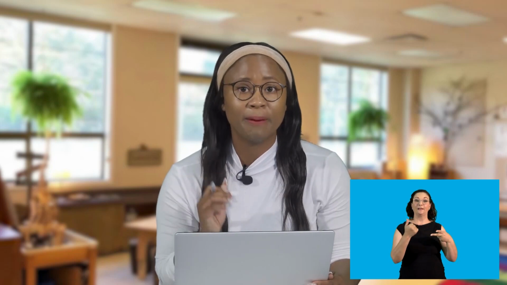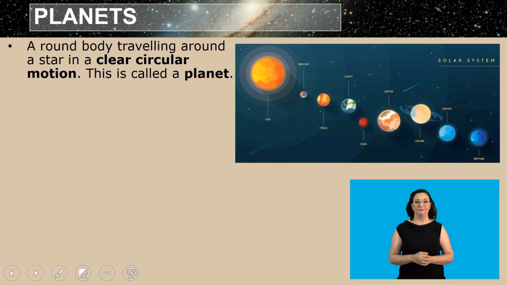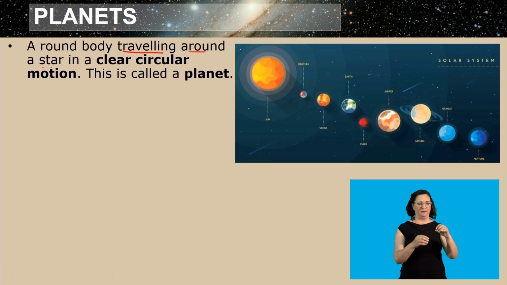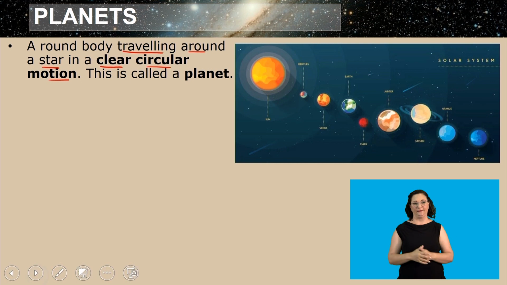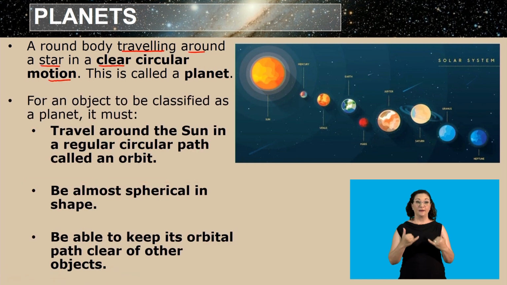which is the planets. Now, a round body traveling around a star in a clear circular motion is referred to as a planet. Okay? For an object to be classified as a planet, there are three important descriptions a planet must meet.